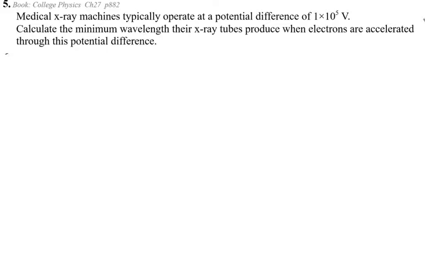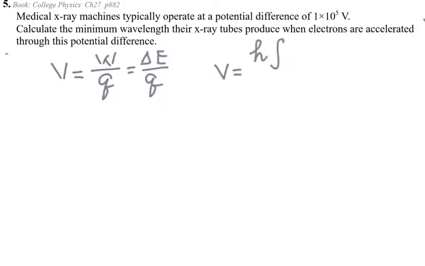So if you know the definition of voltage is the work done on the charge, and work is the change of the potential or kinetic energy over the charge, I can rewrite my formula as voltage equal to, in our case, the energy that the electron has, that is Planck's constant times the frequency, divided by the charge.